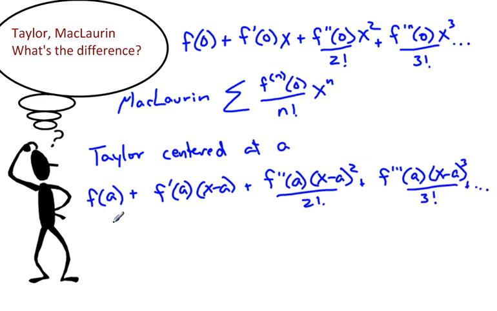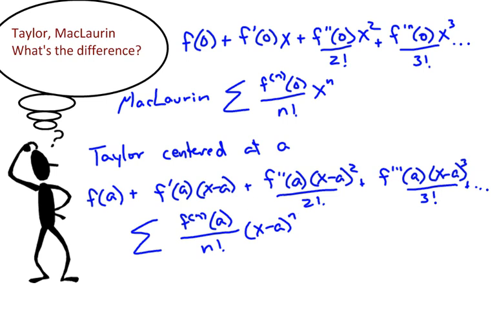And now we can write our general term for a Taylor polynomial, which is the nth derivative at a over n factorial times x minus a to the nth.